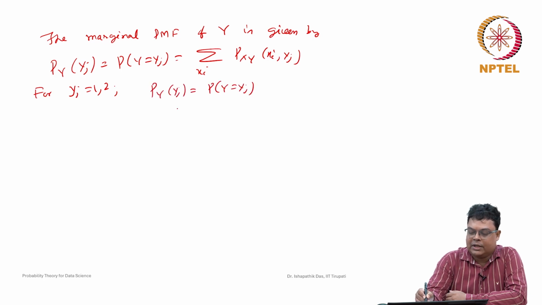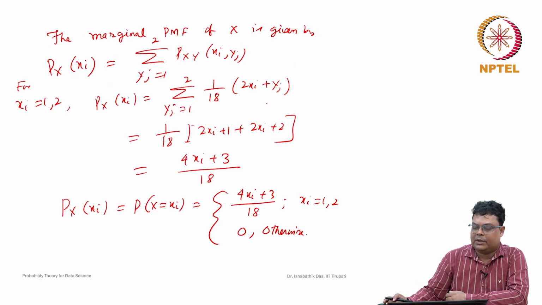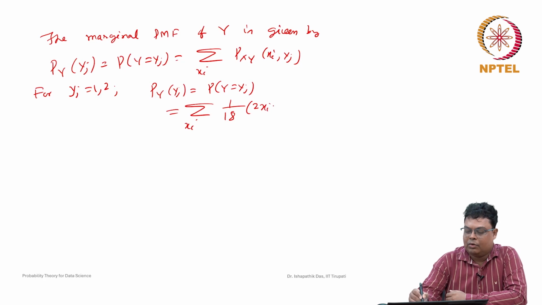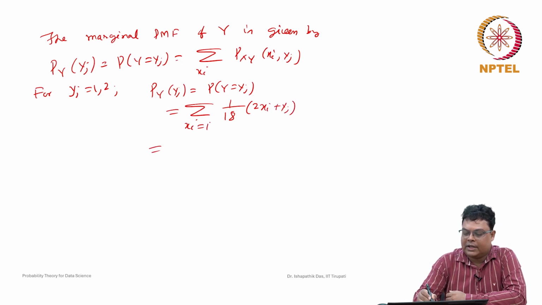This is the summation over xi of 1 by 18 into (2xi plus yj), the joint probability mass function. Now fixing yj, whatever the value, xi can take values 1 and 2.